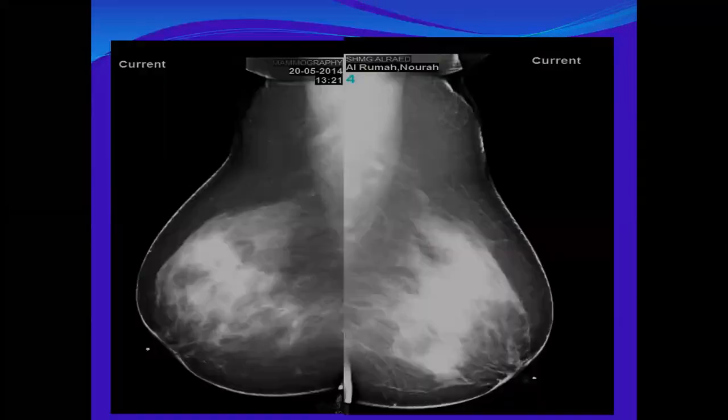The spot compression view. And if it is seen in the spot view, it will be a focal asymmetry. And so, a real lesion, then I will go for ultrasound. Okay.